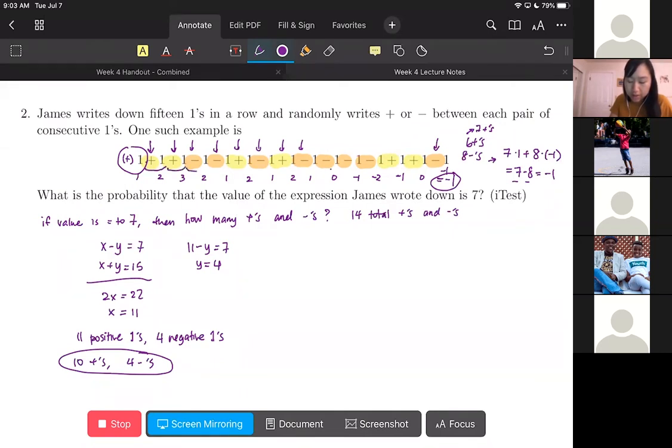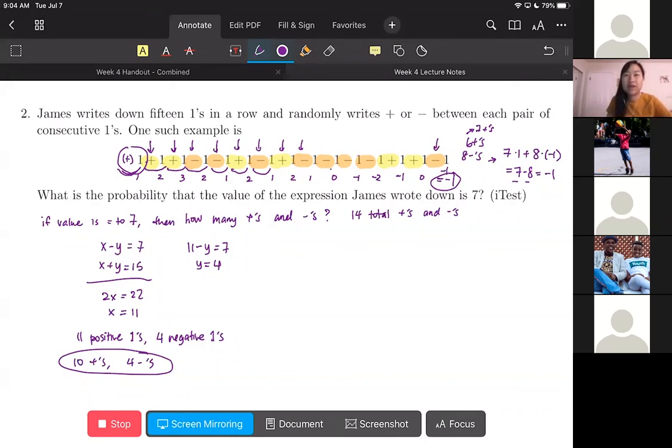Because if I say -1, that's saying I'm subtracting the next number 1. And so there's 14 of these pairs. And then the first one is always this +1. And so if the 1s were 2s, it would still be the same, because James would still be writing down 14 signs in between the 15 2s. Okay.